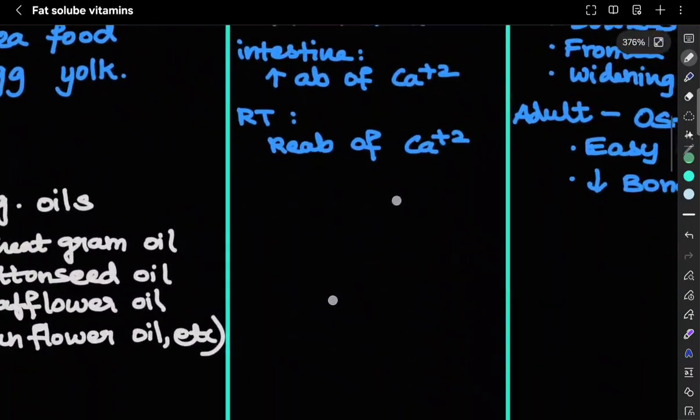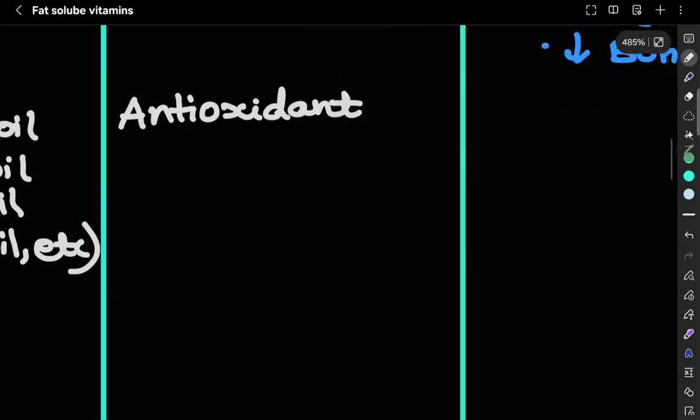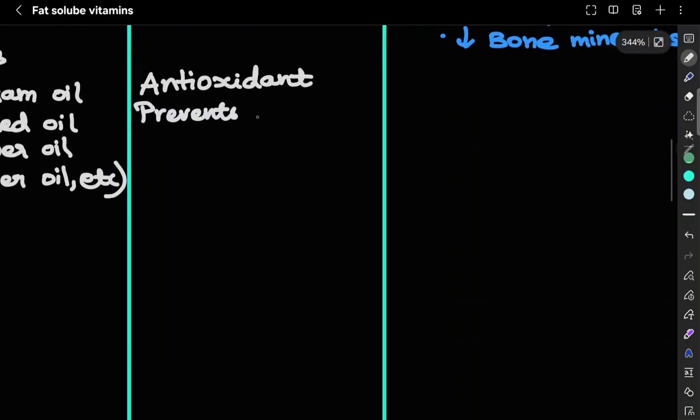And the functions of vitamin E include, the main function of vitamin E is antioxidant. Okay, antioxidant, hence it also prevents lipid peroxidation.